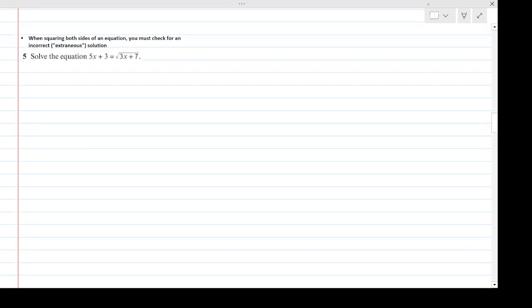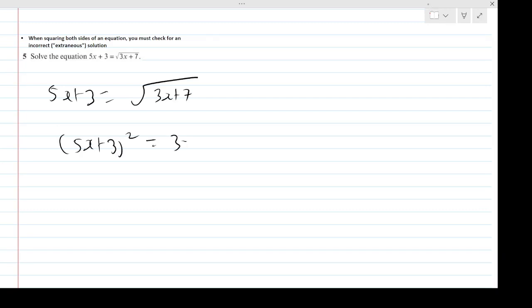We can also square both sides of an equation if necessary to solve it that way. So 5x add 3 is root 3x add 7, so we can square to get rid of the root. So then (5x add 3) squared is 3x add 7. If I expand the bracket, I get 25x squared, 5 times 3 is 15, another 15 gets 30x, and then 9, and then I take away the 3x and the 7 to get it to equal 0.